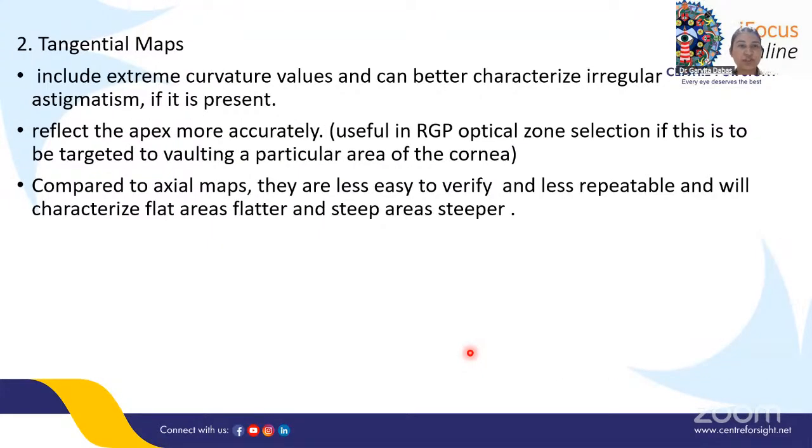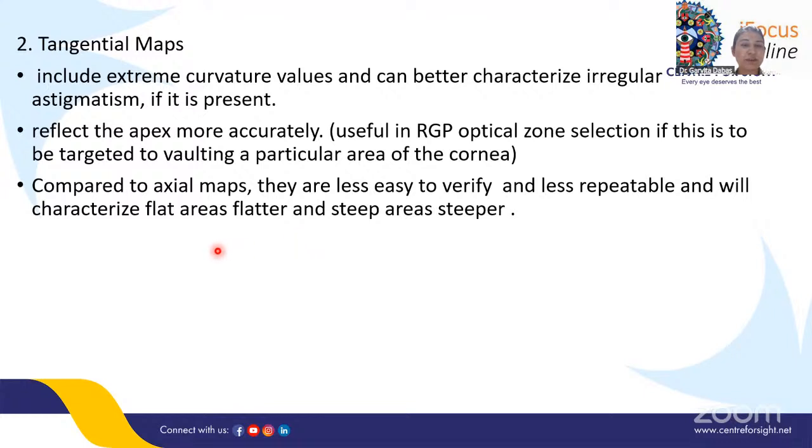Next is the tangential map, which includes extreme curvature values and better characterizes the irregular astigmatism if it is present. Also, it reflects the apex more accurately, and it is very useful for the optical zone selection in cases of an RGP, which is a rigid gas permeable contact lens, because it is helpful to target the vaulting of the contact lens over that particular area of the cornea.